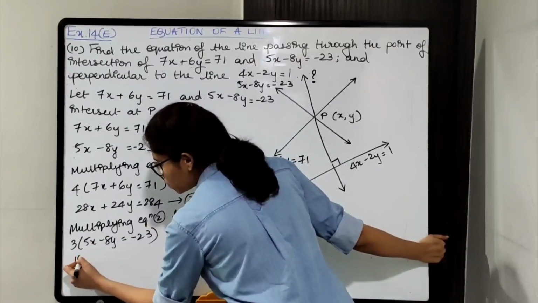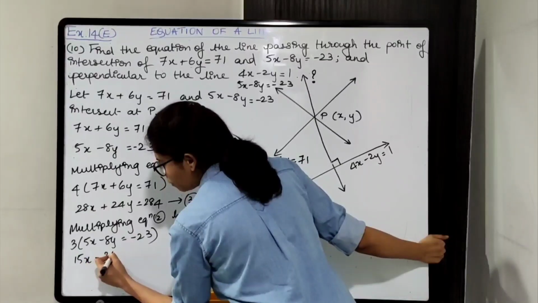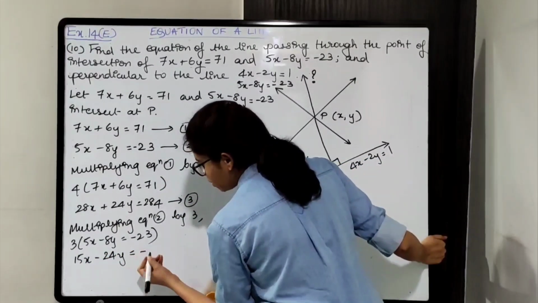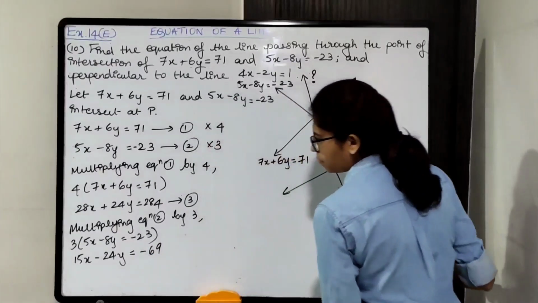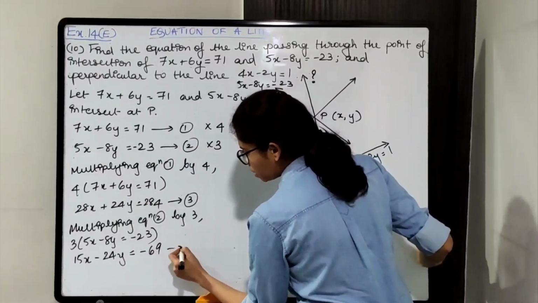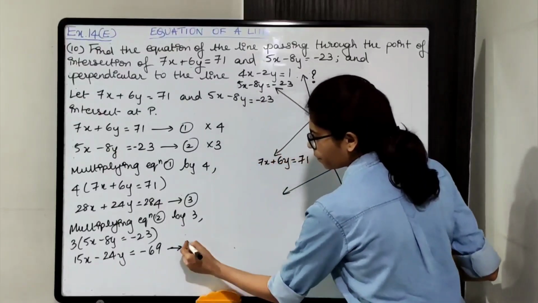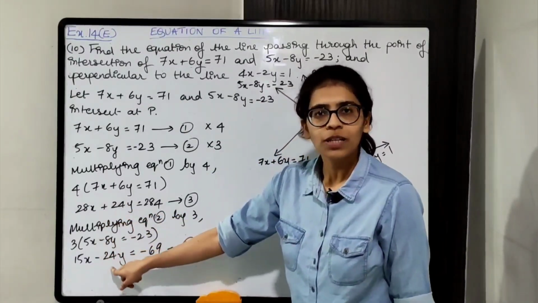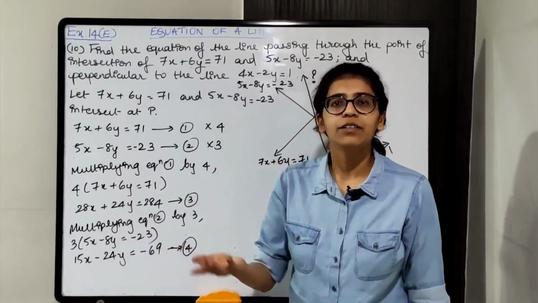Open the brackets: 15x minus 24y, and here we'll get minus 69. Okay, mark this as 4. So check 3 and 4: coefficients are equal, signs are opposite, so we'll add the two equations.